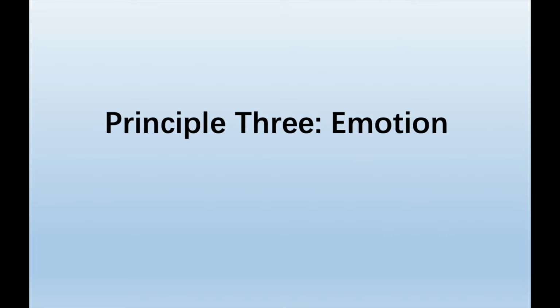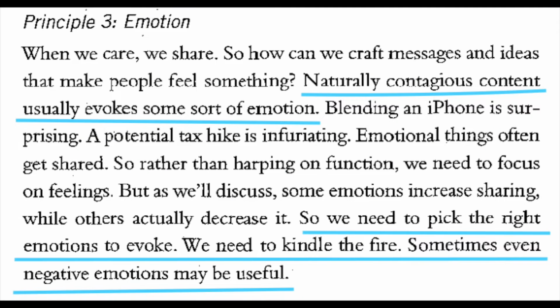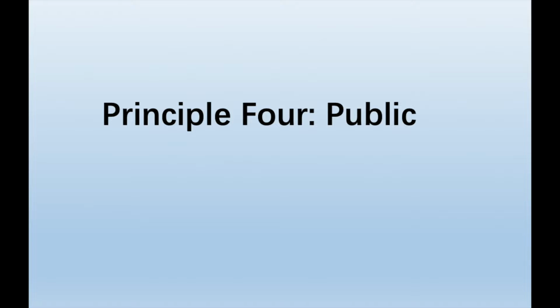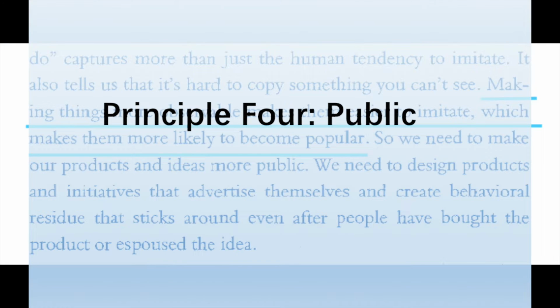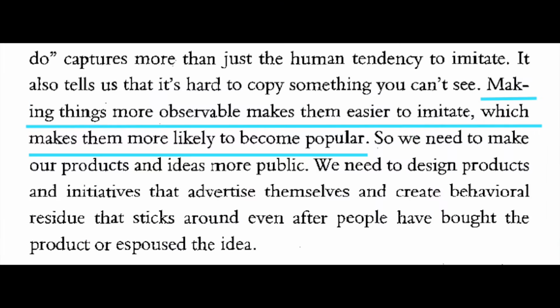Principle 3. Emotion. Naturally contagious content usually evokes some sort of emotion, so we need to pick the right emotions to evoke. Principle 4. Public. Making things more observable makes them easier to imitate, which makes them more likely to become popular.